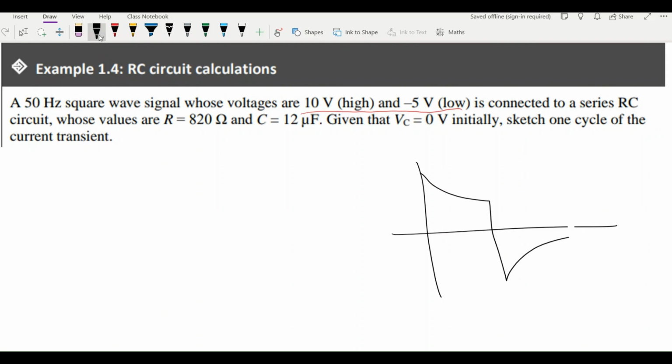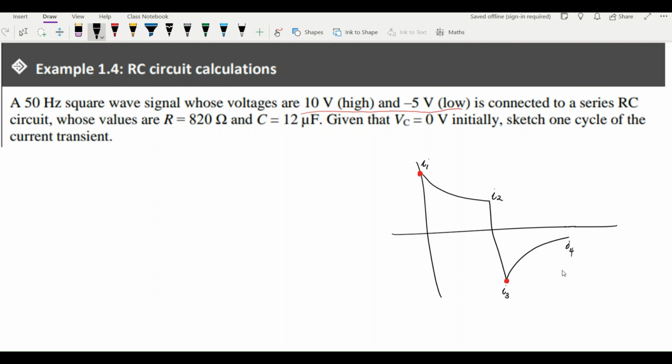Here we'll have two maximum currents, at this point here and at that point there. We'll call this one I1, the second current I2, this one I3, and then this one I4, not T, I4.